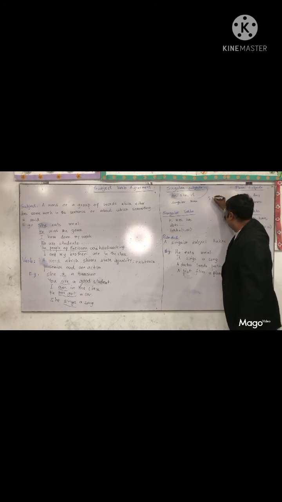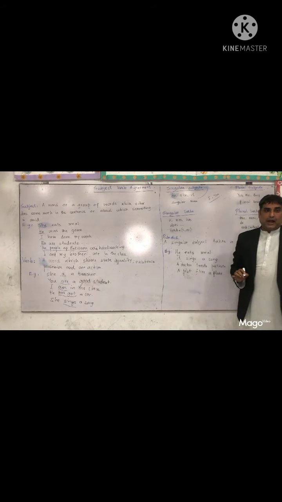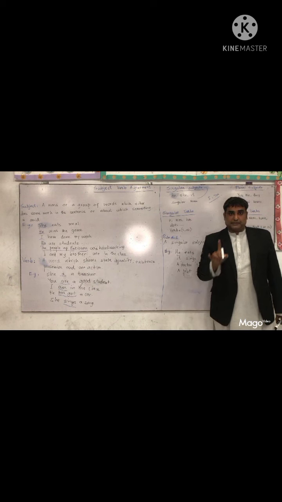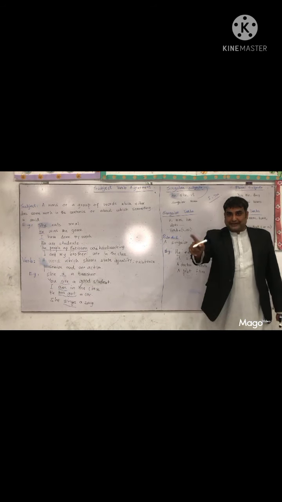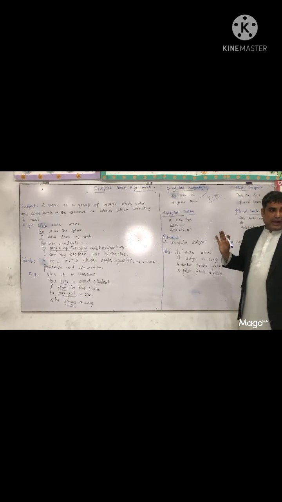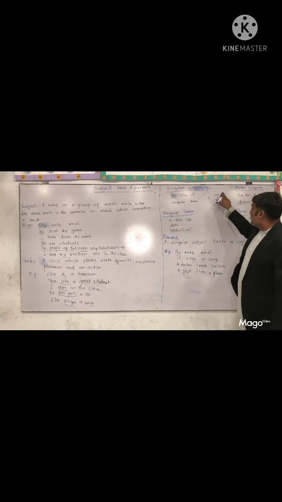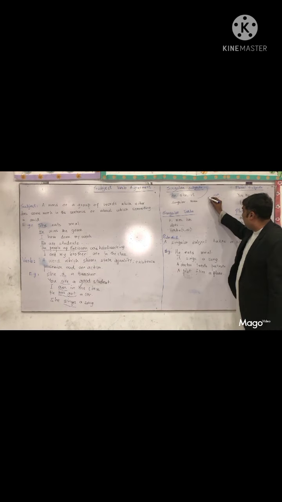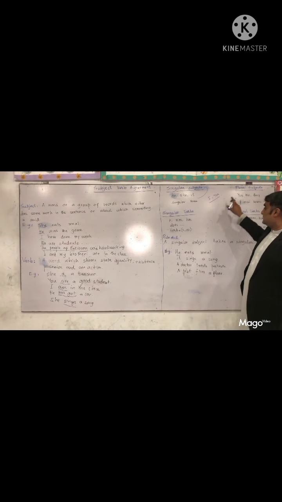I and you are numerically singular. I means one person. You is singular. But they act as plural. I and you are numerically singular, but they act as plural.